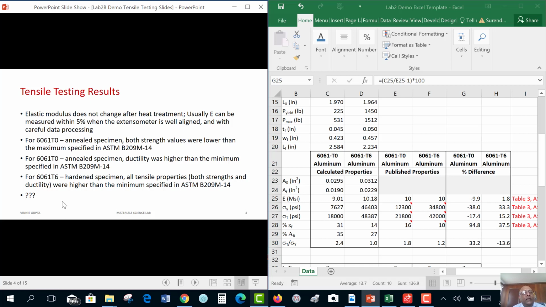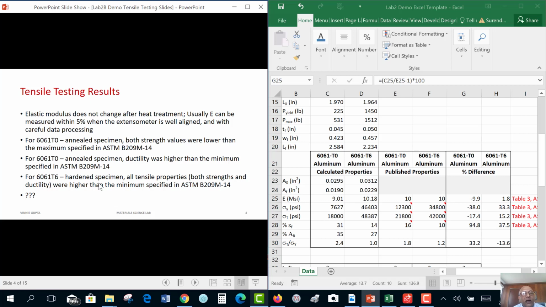In any case, notice for the 6061 annealed specimen, both our strength values were lower. The reason is when it is annealed, we want it soft. So that is why they specify a maximum limit. And of course, ductility is higher. Specified was 16, we got 31.